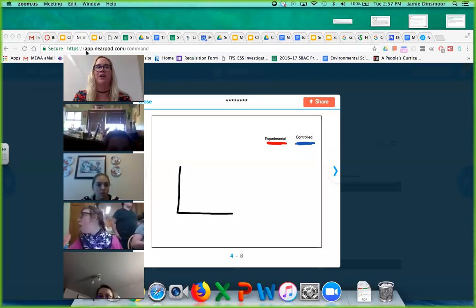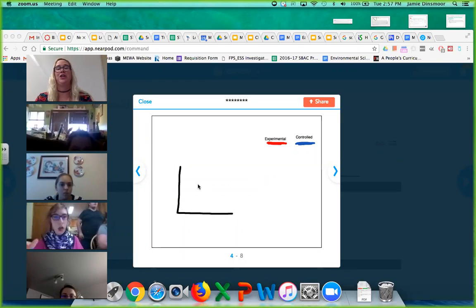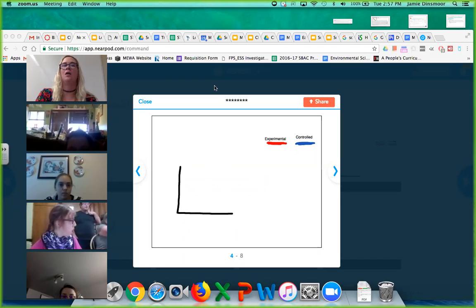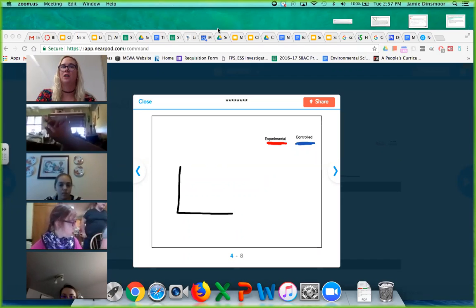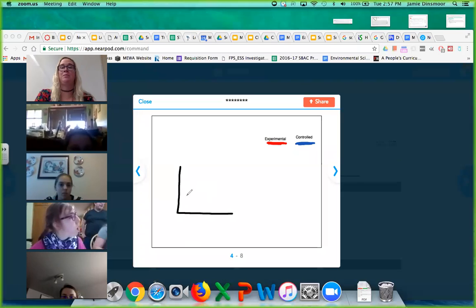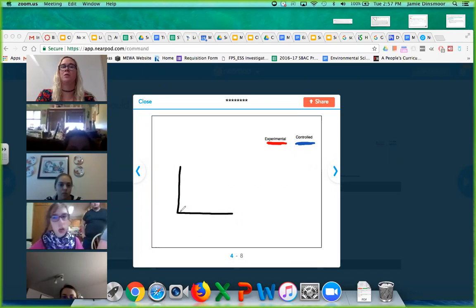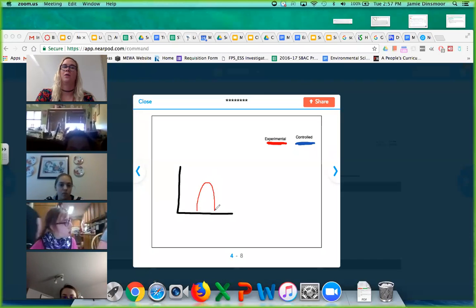This is what someone turned in just now, which is technically kind of a graph. Experimental control, we have our axes, right? Well, our experimental mice, the average is going to be where most of the data points are clustered around the middle. So it's going to look like this.